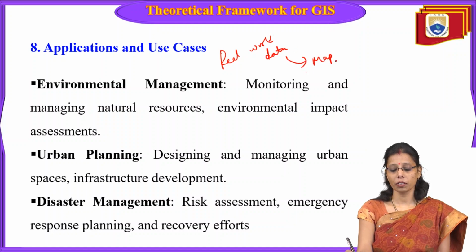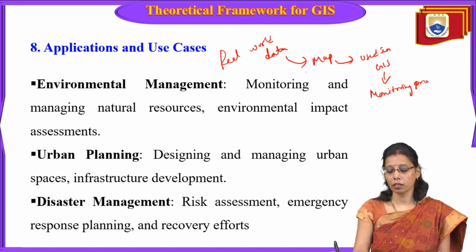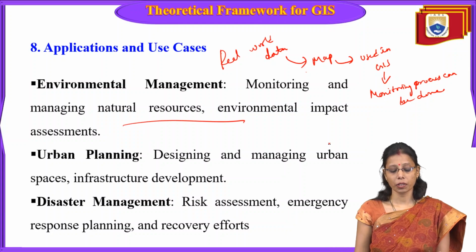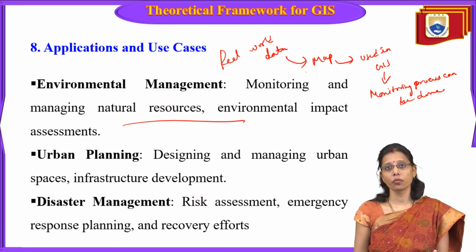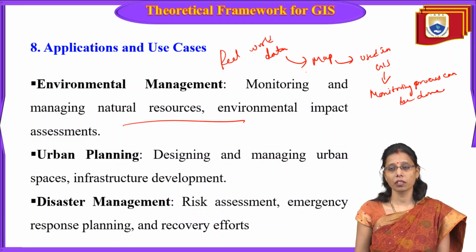So this map can be used in GIS, and in GIS the monitoring process can be done. Okay. So monitoring, managing natural resources, and environmental impact assessments can all be done in this theoretical framework of GIS, because if you want to show the real world information, it can be shown only in the form of a map.